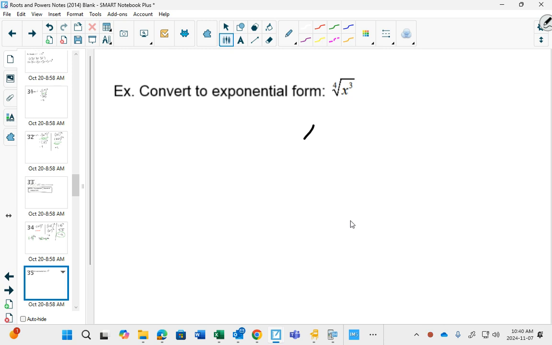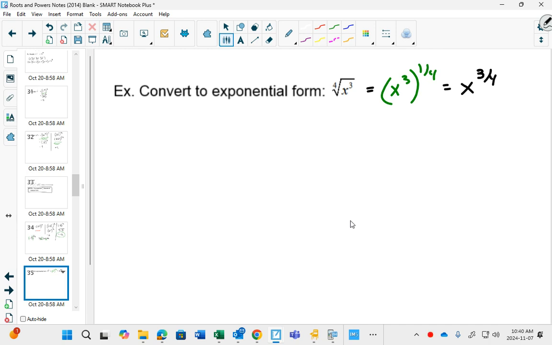So the 4th root, again, I'm okay if you avoid this green step. If you went right to 3/4, quarters, I would be okay with that.